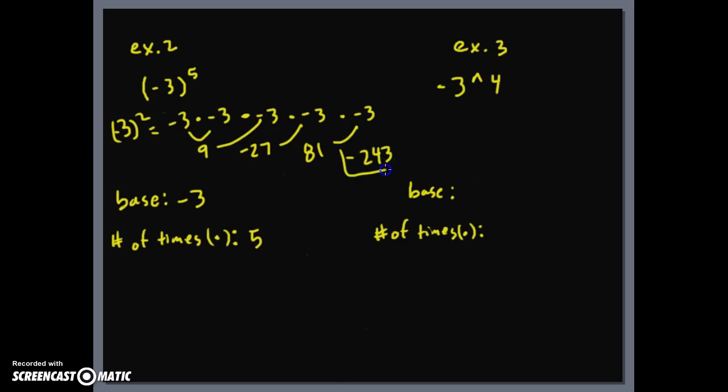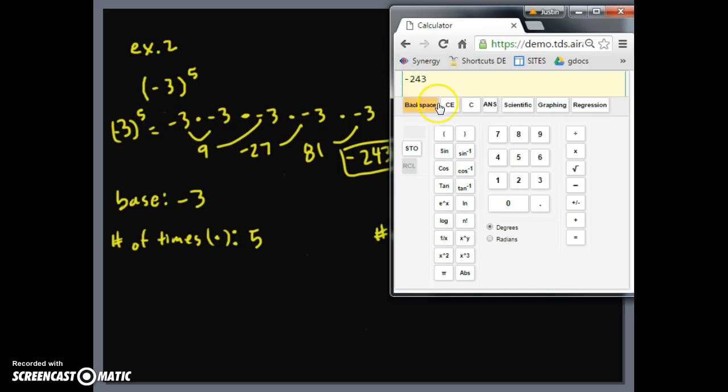So that would be our answer, right? However, since I have access to a calculator, and this should say 5, not 2, I don't know why it says 2. Since I have access to the calculator, I can go ahead and just punch in parentheses negative 3, and then if I want to get something to a power that's greater than 3, I'm going to use this xy, where we just say caret, and then we want to open it to the 5th power.